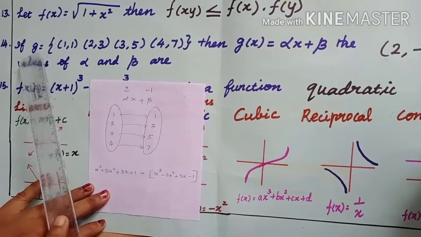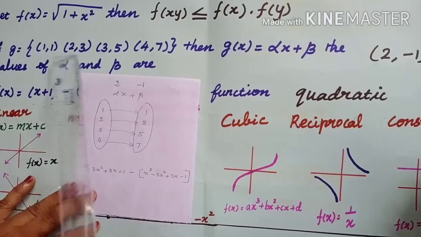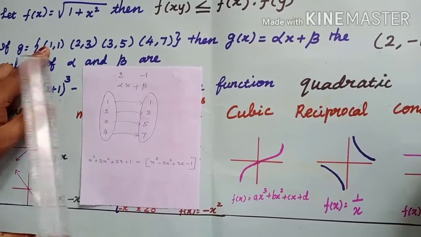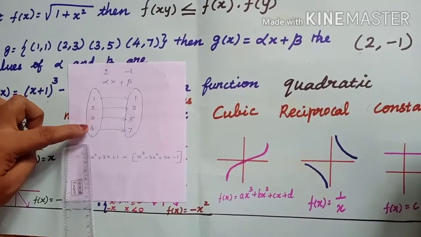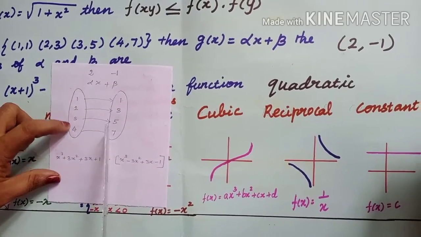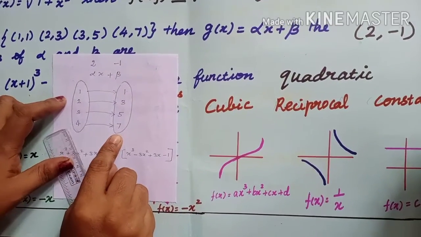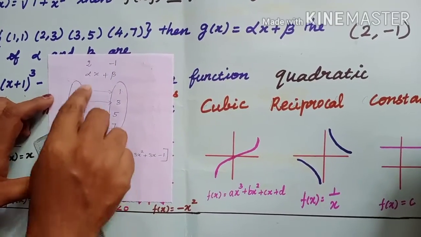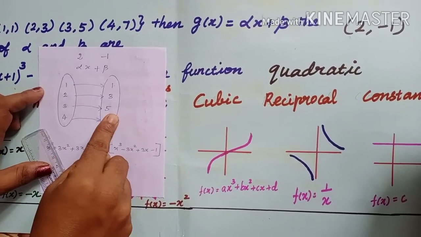14th question: ordered pairs are given, you find out the function. So for the ordered pairs, first you write the domain, this is the range. This is 1, 2, 3, 4, this is natural numbers, these are odd numbers. How do you get the odd number? 2 times this number, reduce 1, you will get the odd number.